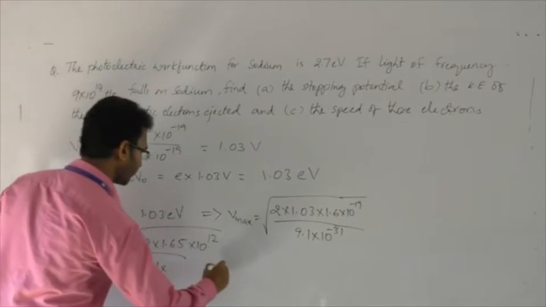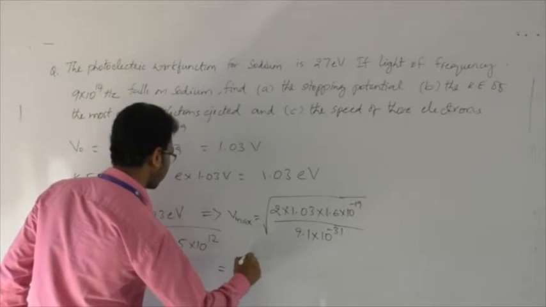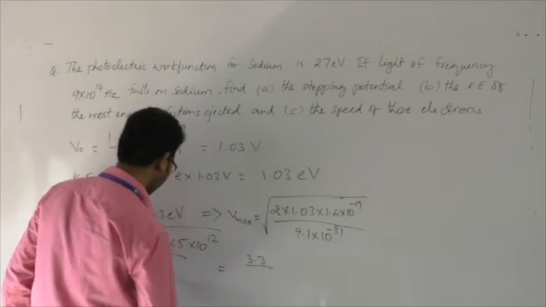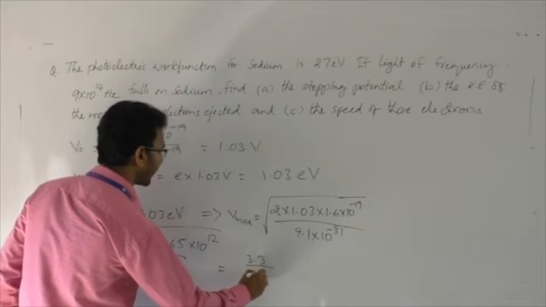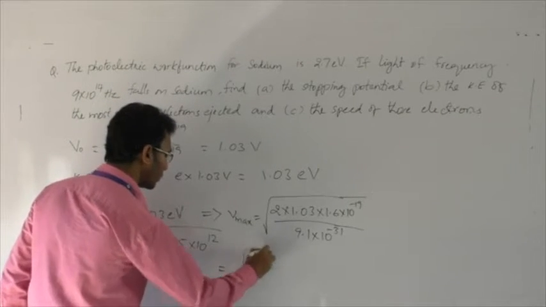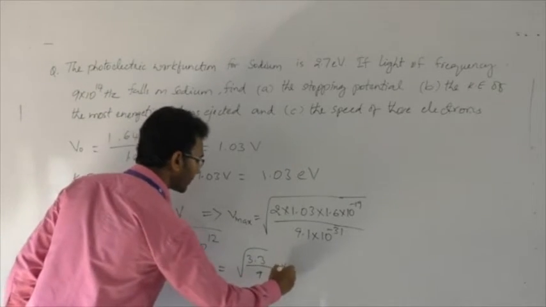Now what is left? This equals 2 into 1.65, 3.3, divided by 9.1. Let's take it roughly around 9, easy to cancel, under root. If you take this 10 power 12 outside the root, we'll get 10 power 6.